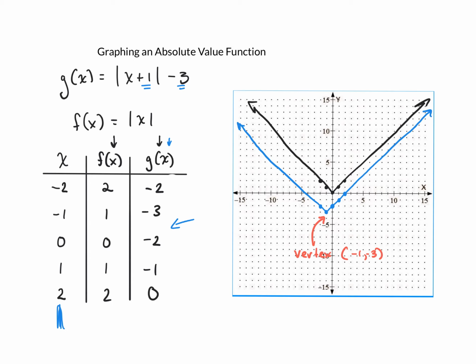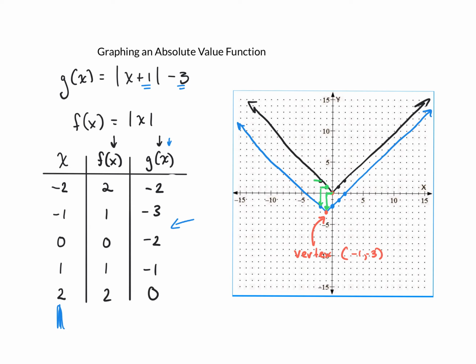So what ends up happening is we make a correlation here that this point, the original vertex of the original function, then mapped to here. So when I did some alterations to it with addition and subtraction, it ended up looking like it moved my graph over to the left and then down 3. And if you notice that I go to every point that corresponds with one another, so a word out of geometry is the same position, it goes over 1 and then it also goes down 3.